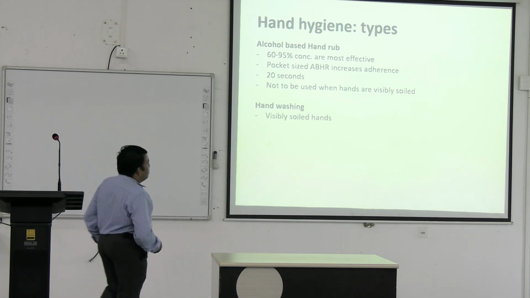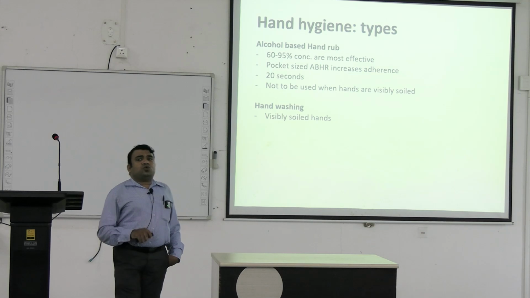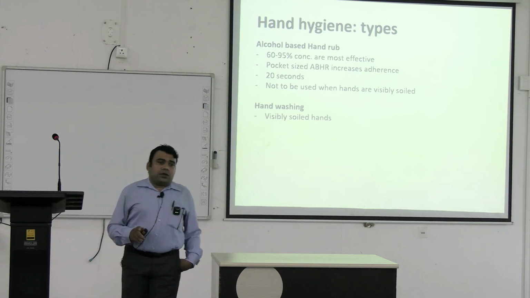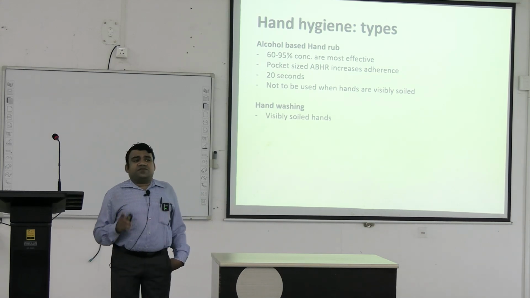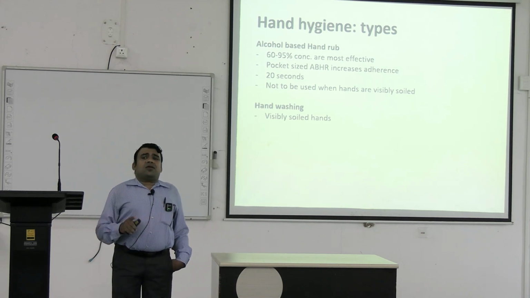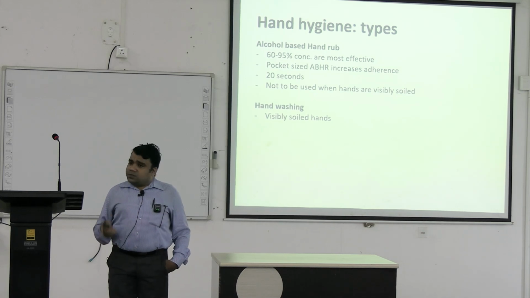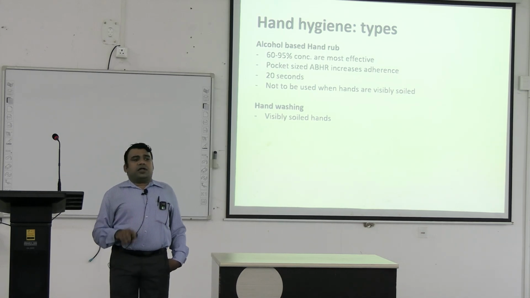Next is hand washing. When is hand washing required, and when should you not do alcohol-based hand rub? First is whenever your hands are visibly contaminated with any organic matter. Remember, alcohol will not act on organic matter. So if your hands are visibly soiled, wash your hands.